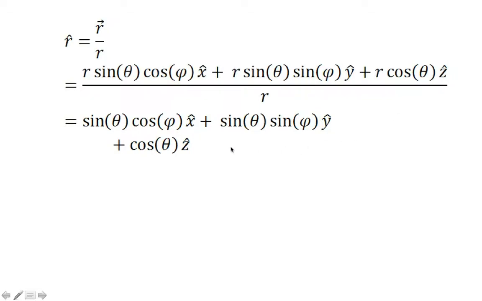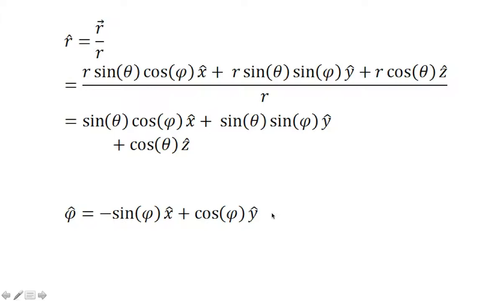The r's drop out and we're just left with this expression. Notice again that the r unit vector depends on theta and phi, in addition to x hat, y hat, and z hat. And this makes sense because our unit vector is going to change as the theta and phi change for the point.